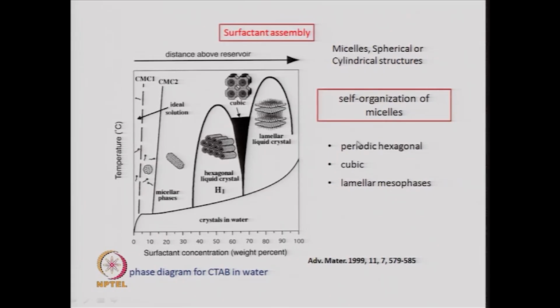And so, these kind of periodic structures or aggregates can be obtained at different concentrations of the surfactant molecules in water. So, you have only taken surfactant and water and changed temperature, and you get different structures.